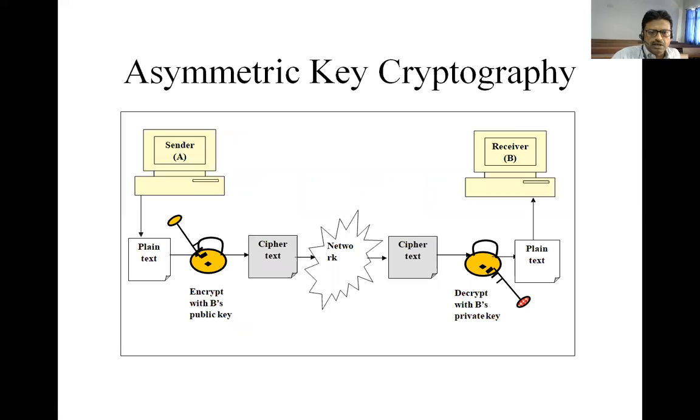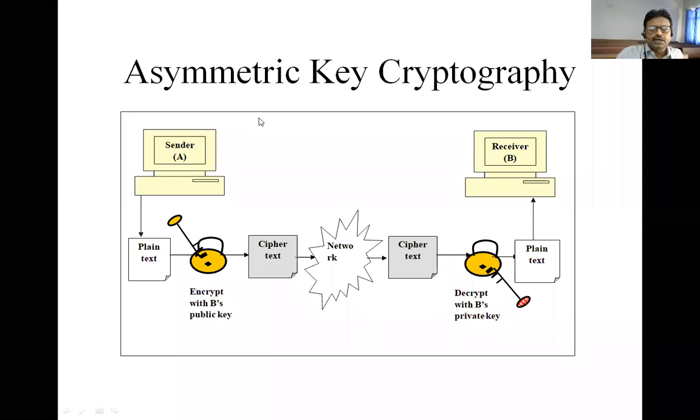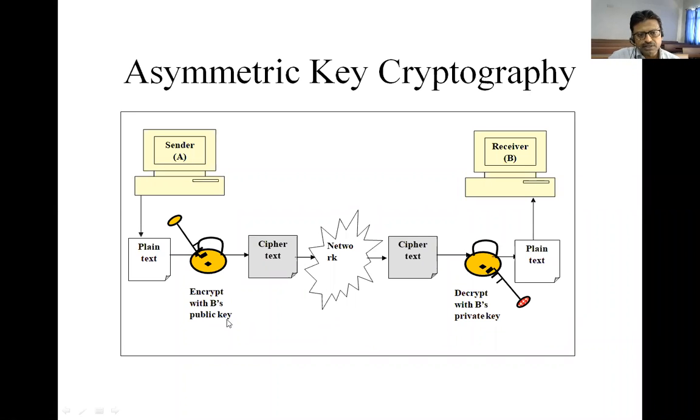Let us discuss this illustration, which shows how asymmetric cryptography is used, in which the plaintext is encrypted by the receiver's public key, and this ciphertext is sent on the network. Sender A is sure that this ciphertext cannot be decrypted by anybody else sitting on the network, because the ciphertext can be decrypted only by the private key, and the private key is known to the receiver only.